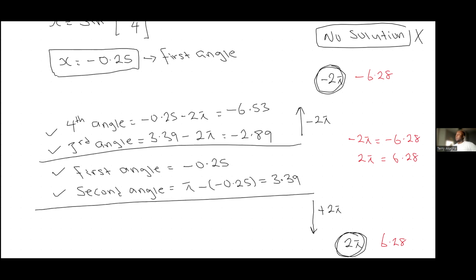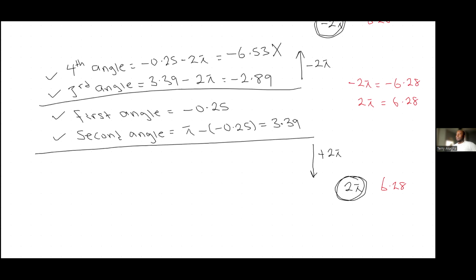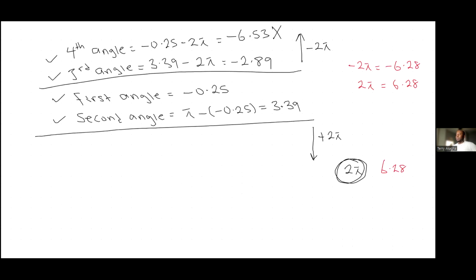Are you seeing it? Then we go to the positive x direction. The third angle will be equal to, you keep on adding 2 pi: minus 0.25 plus 2 pi. And that will give you 6.03. 6.03 is less than 6.28.